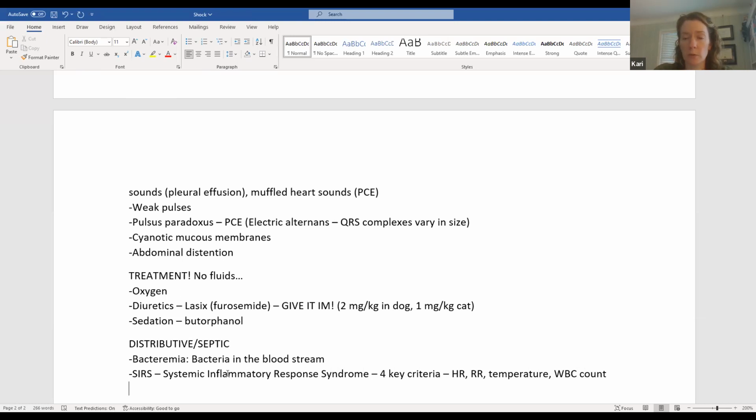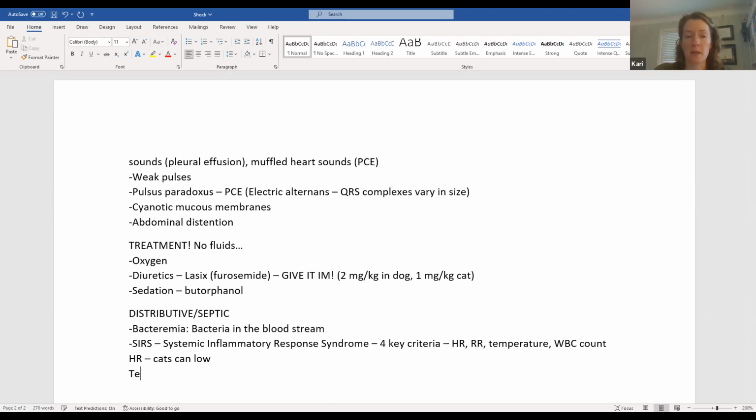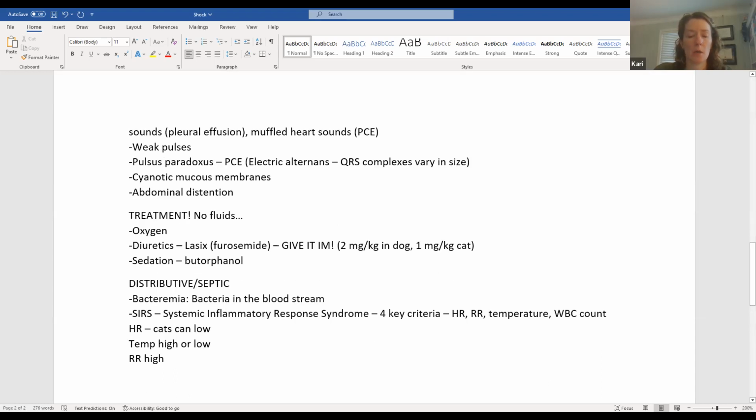There are criteria for both dogs and cats. The most important thing to recognize is, like we talked about before, for heart rate, cats can be low. Dogs are usually high, cats can sometimes be high. Temperature can be high or low. Respiratory rate is usually high. And white blood cell count can be high or low.